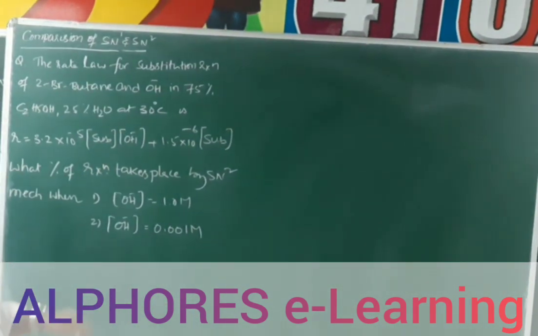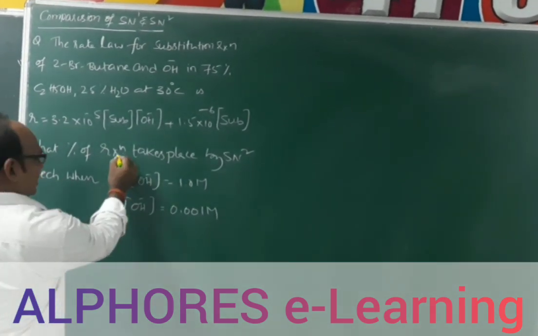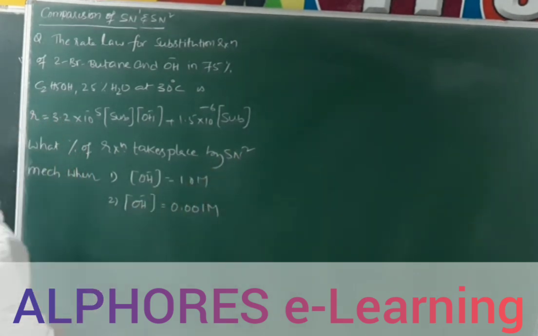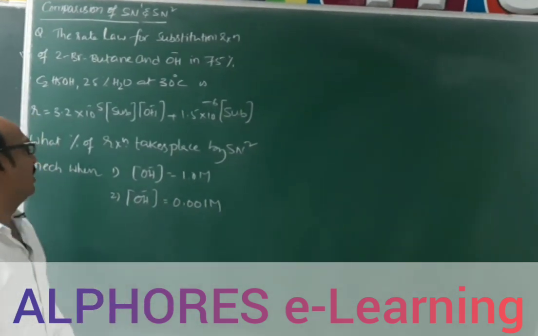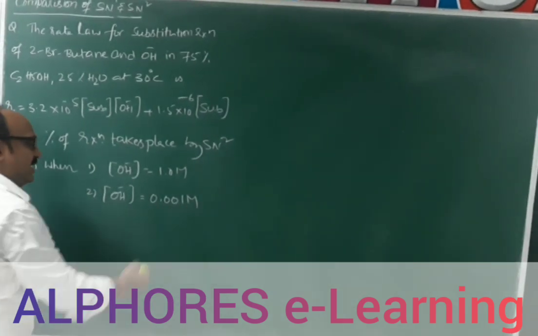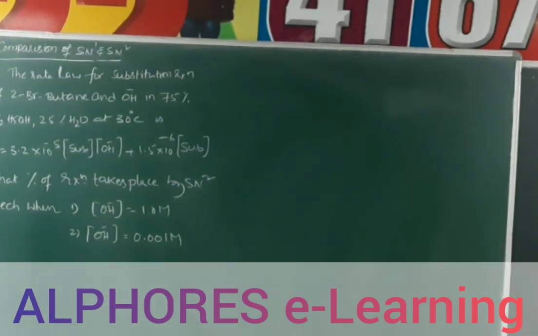Substrate means 2-bromobutane only. Now, what percent of the reaction takes place by the SN2 mechanism when the concentration of OH minus is 1 molar and when the concentration of OH minus is 0.001 molar?